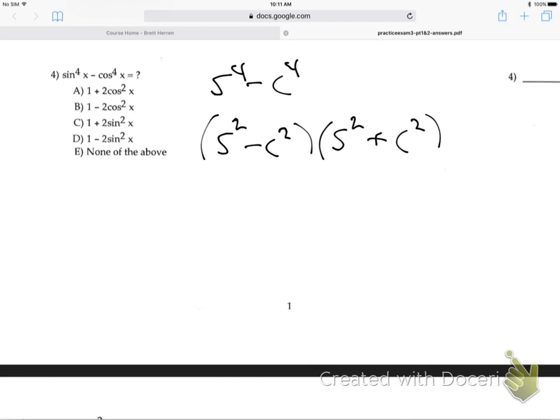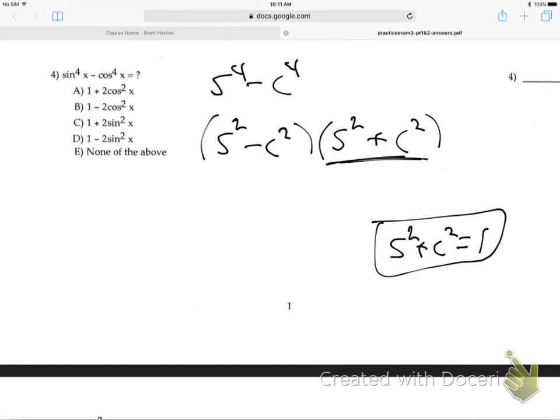Remember how to factor like that? Is that good? And then you want to have on your 3x5 card, sine squared plus cosine squared is 1, huh? So this is 1. So this is sine squared minus cosine squared times 1. So it's just sine squared minus cosine squared.